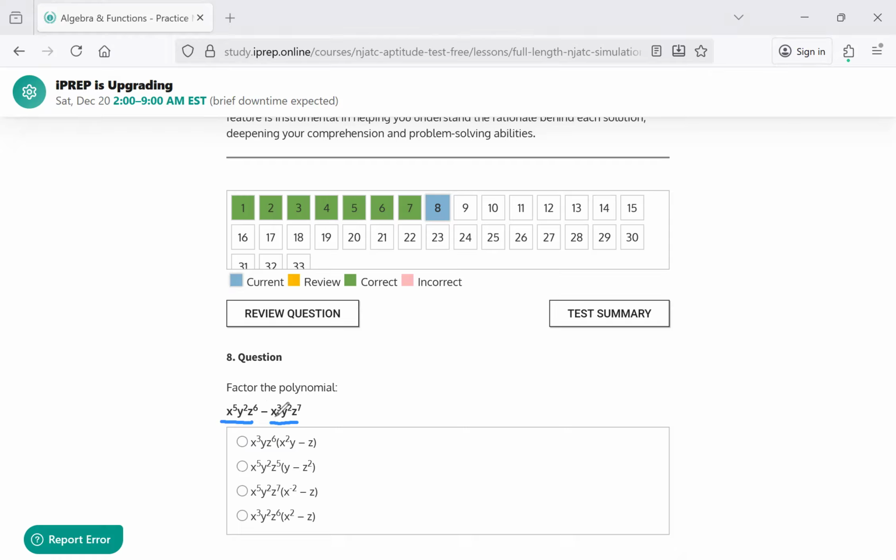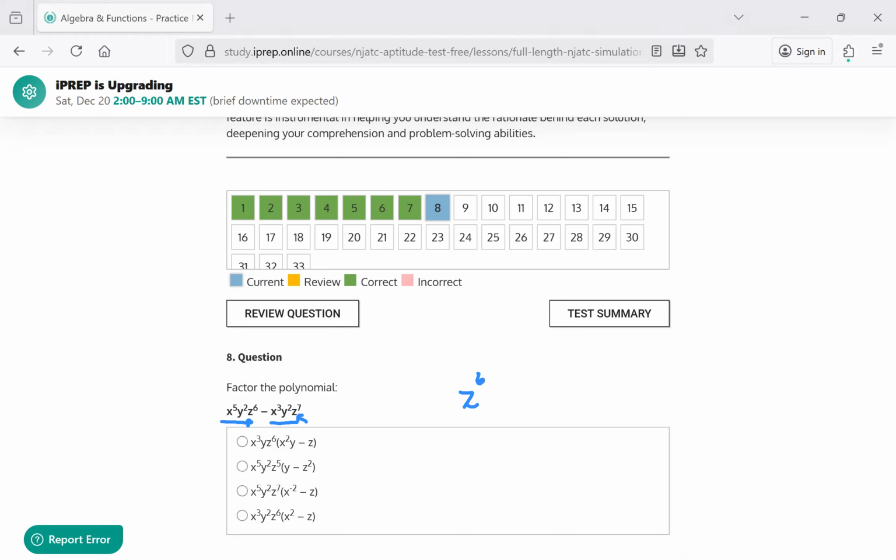So let's start with the letter z. What is the largest amount of z's that we can take out evenly? Over here we have a z^6, and then over here we have a z^7. So the largest amount of z's we can take out evenly would be z^6, right?